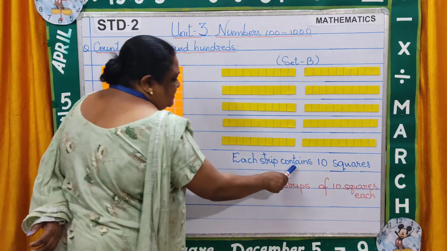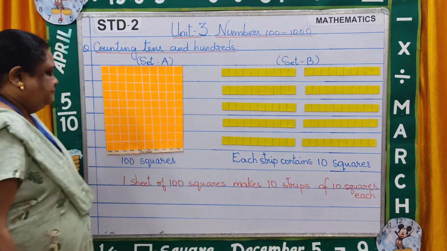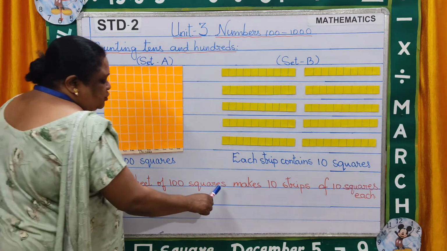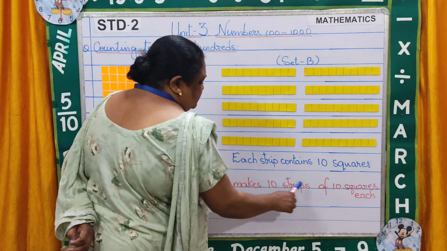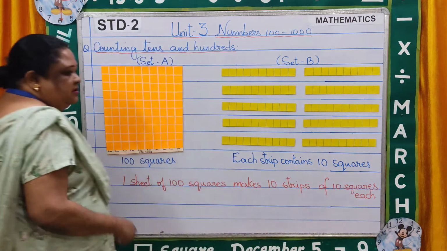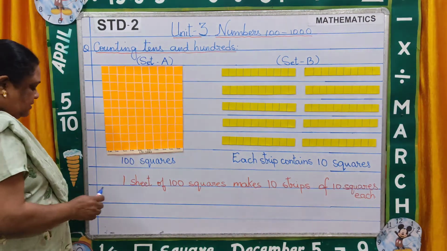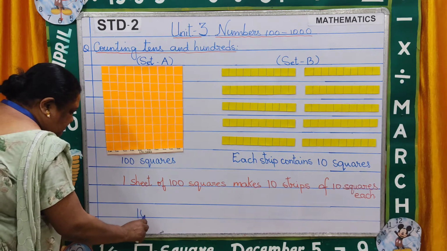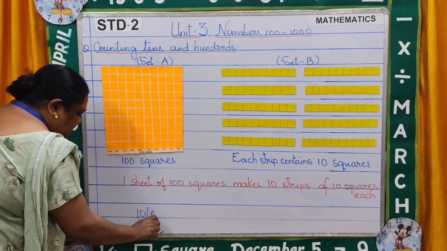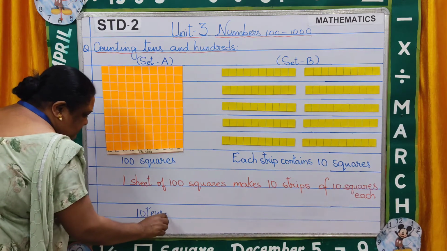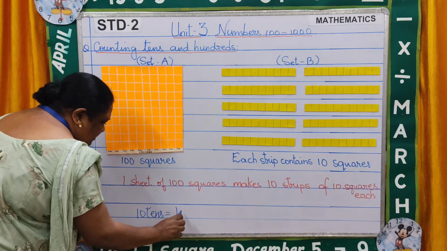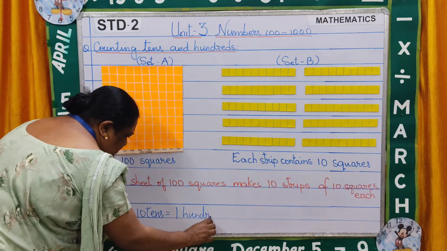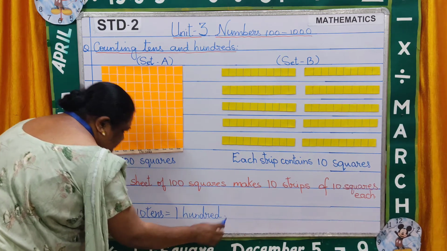So each strip contains 10 squares, which means one sheet of 100 squares makes 10 strips of 10 squares each, which means 10 tens is equal to 100.